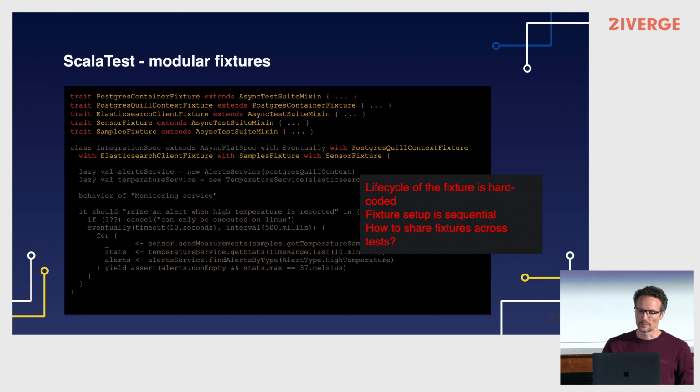Another problem is that the fixture setup is sequential, so you need to wait for it to finish, like setting up the container. You cannot do something useful concurrently. And if you want to share all these dependencies between all the test specs that you have, then you might need to resort to hacks like having a global shared mutable variable where you can set up the dependency and tear it down at the end.